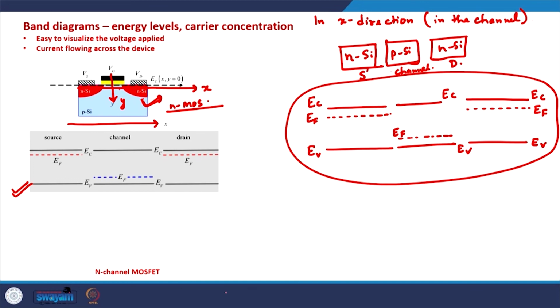In equilibrium means that we have not applied any voltage and no current is flowing through the device. In that case, how would the band diagram look like? Just think about it for a moment.